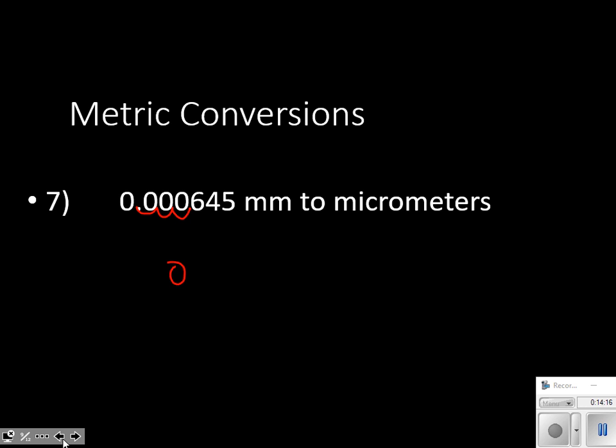My new number now is 0.645 micrometers. We thumbs up with that one? We're okay reading the chart, even though they're right beside each other, with the 3 jumps?